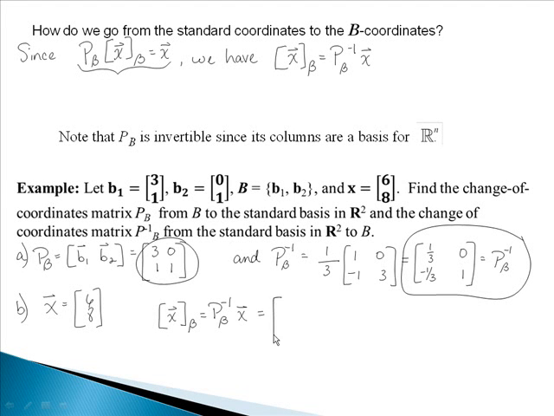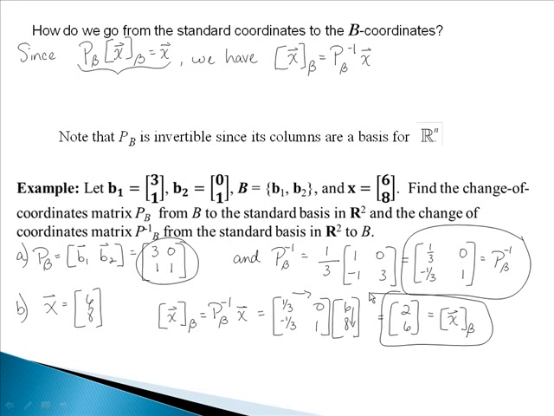So we take 1/3, 0, negative 1/3, 1, and multiply it by x, which was 6, 8. Remember, you go across and down, and you will end up with this vector 2, 6. And so that is the b coordinate vector. And that is how we can change from standard coordinates to the b coordinates.